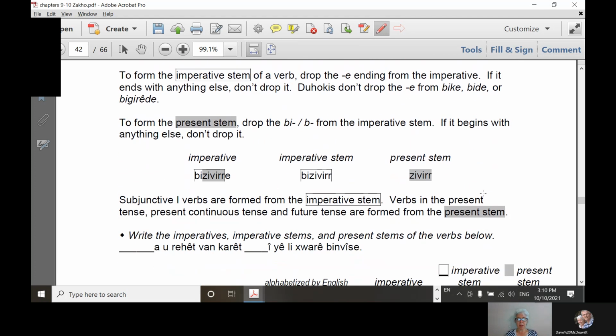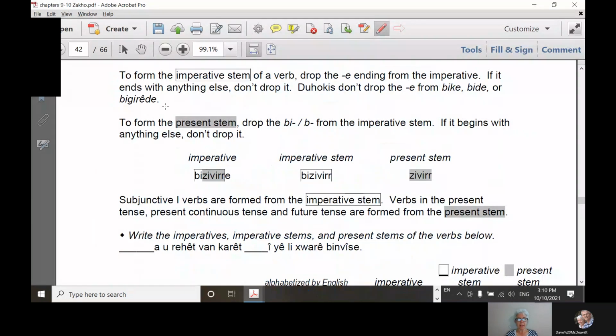To form the imperative stem of a verb, the blank box, you drop the ending from the imperative. If it ends with anything else, you don't drop it. And then note that Dahuki speakers don't drop the ending from bika, bida, or bigreda. Zacholis do.